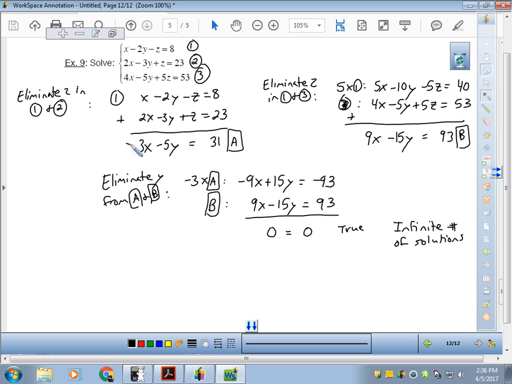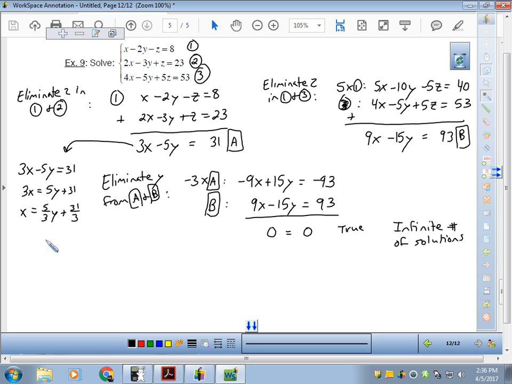So if I take this equation and solve it for x, let's say, move the 5y over: 3x equals 5y plus 31. Divide by 3: x equals 5/3 y plus 31 over 3.